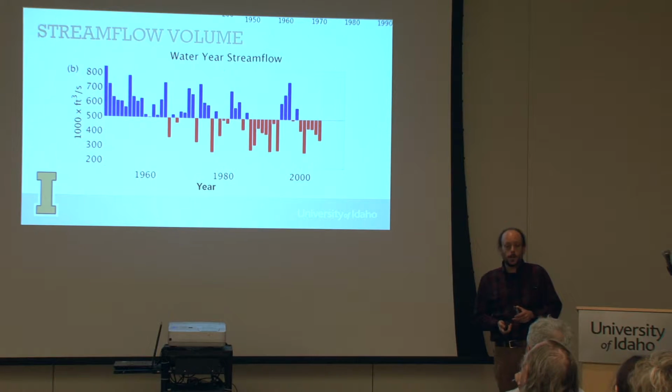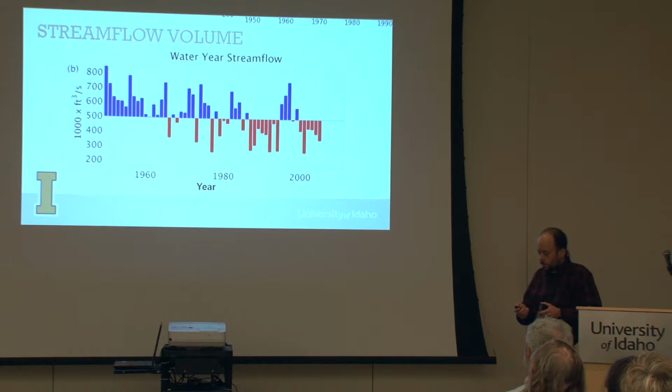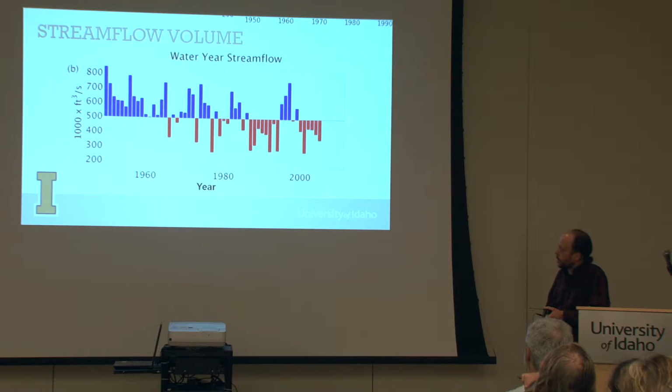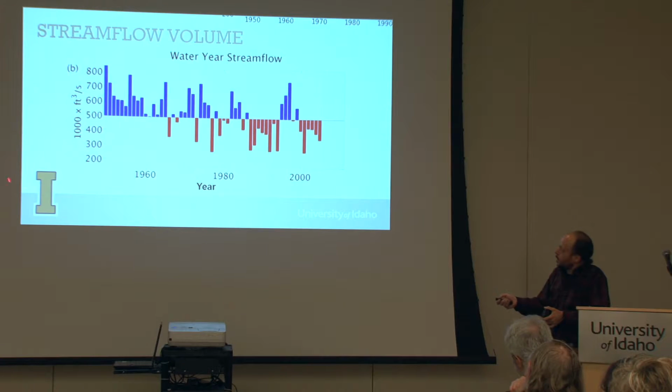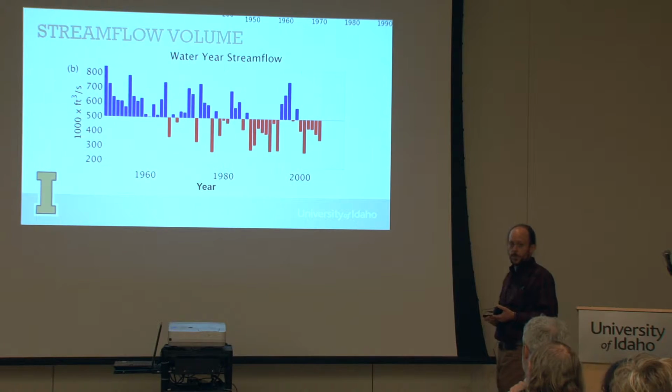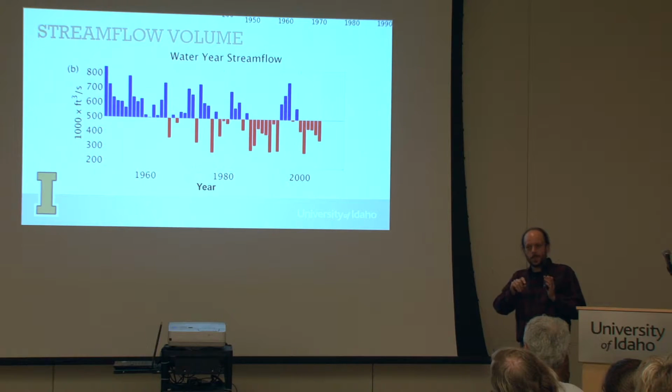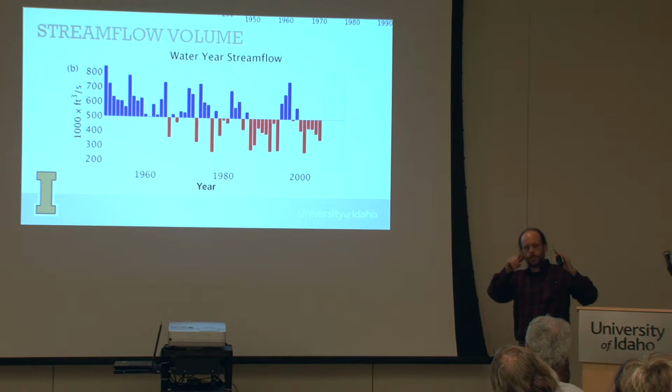Anyway, so stream flow volume. This is the other question: what is the amount of stream flow which is coming out of the system? You don't have to worry about the actual volume, but this is statewide. As you can see, the total amount of stream flow around 1950 was higher and is on the decline. Some of that is due to precipitation changes, and I don't know if anybody picked up on the slide that John just showed showing the precipitation trends.